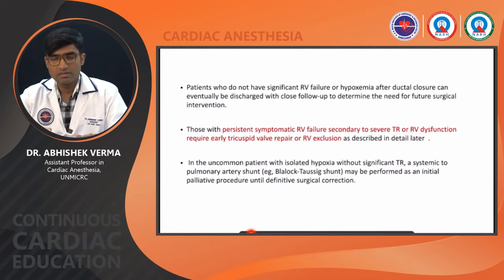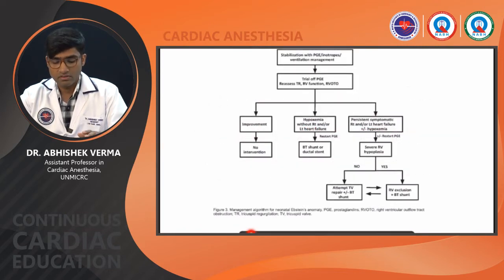We will see this whole theory in a flow chart, which is shown. First, when the patient comes to us, we start with the prostaglandin infusion, inotropes, and ventilatory management. After giving the prostaglandin infusion, we assess the TR, RV function, and the RVOTO.